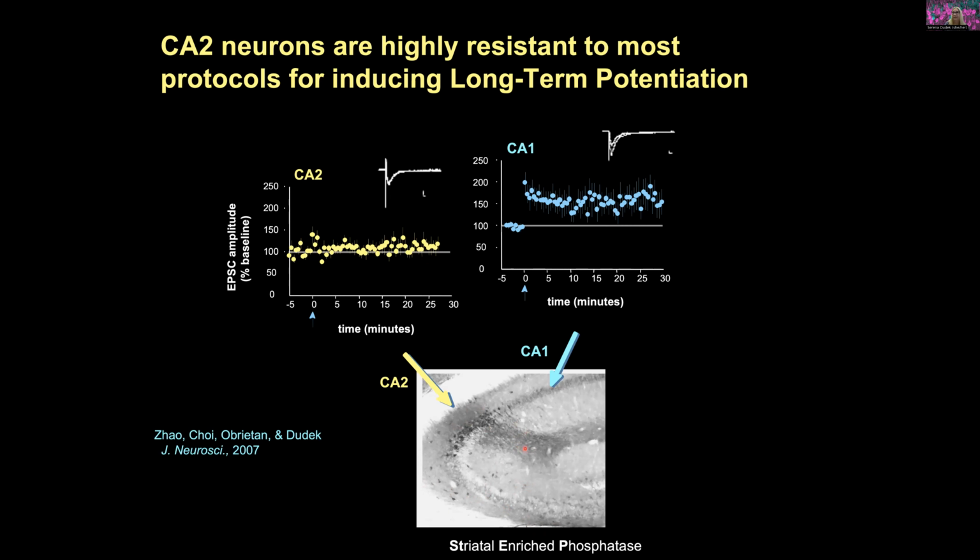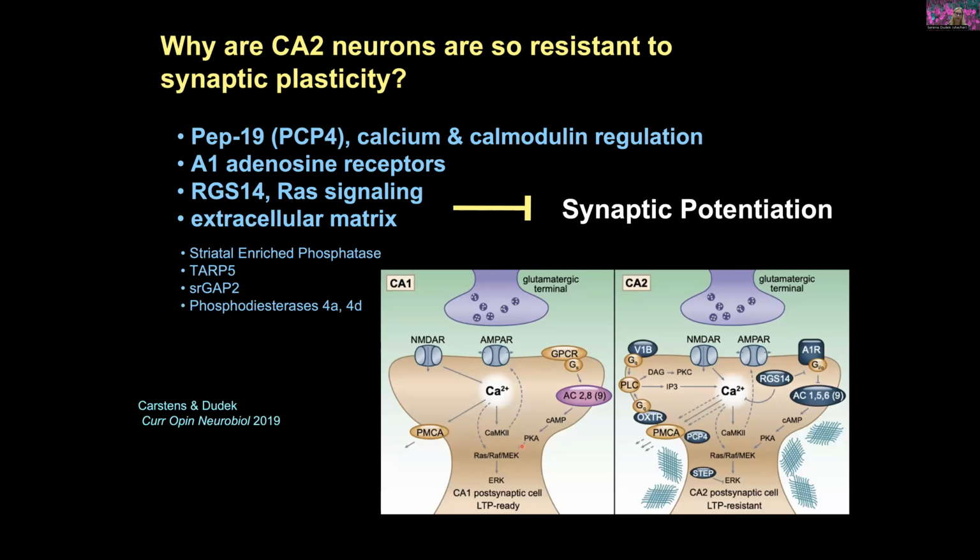Well, we don't, except that we would get LTP if we weren't in CA2. So maybe it's a circular argument, I don't know, but now we do have ways to fill the cells and double stain and say, yes, we're in CA2.